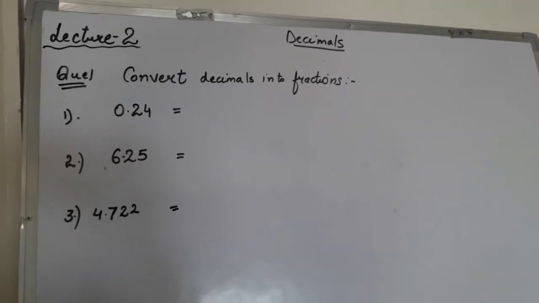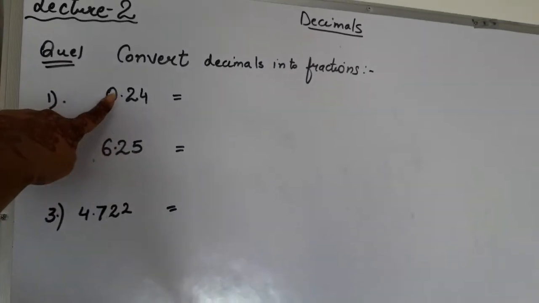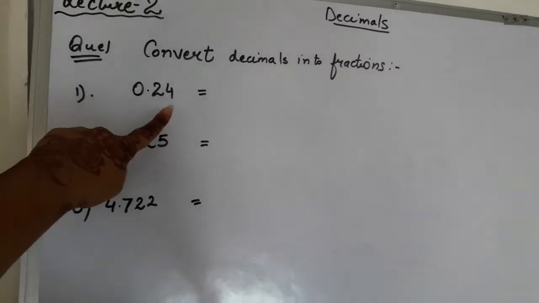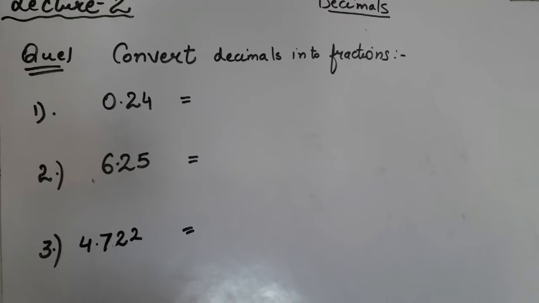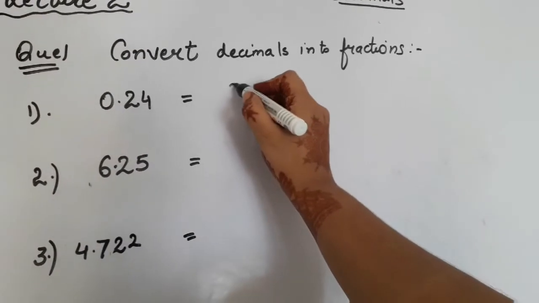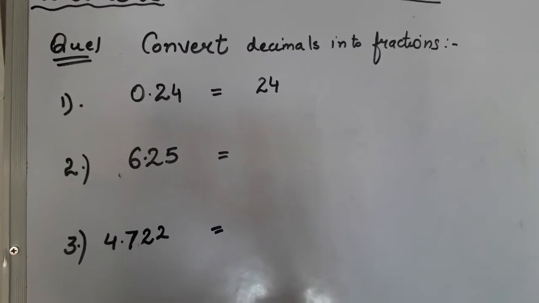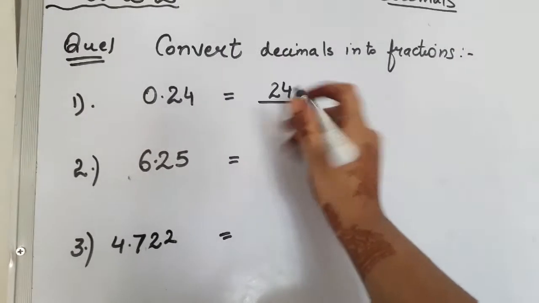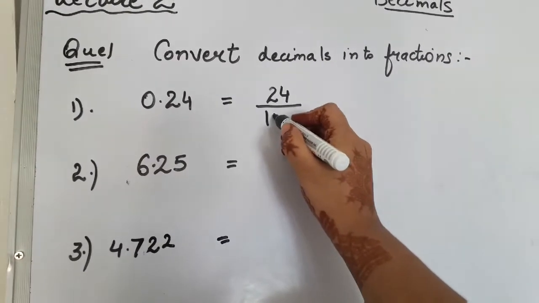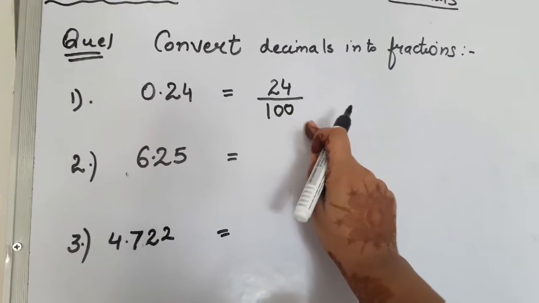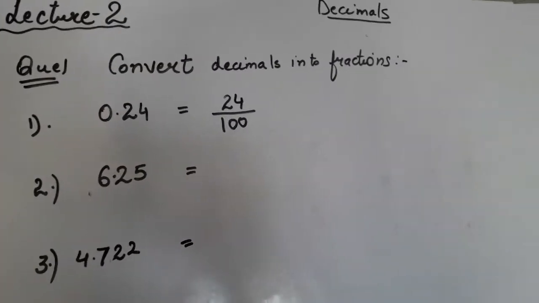You can see that in the first example, after the decimal there are two digits. So first I will write the digits as they are, right? The 24 I will write as it is, and after the decimal I have two digits, so I will keep two zeros with 1, and this becomes its fraction form, right?